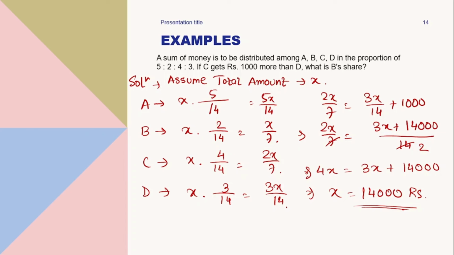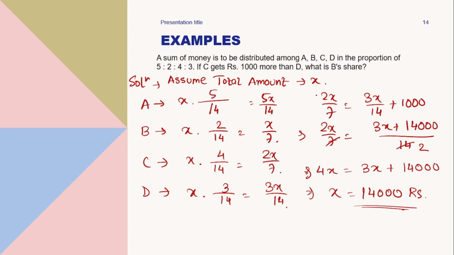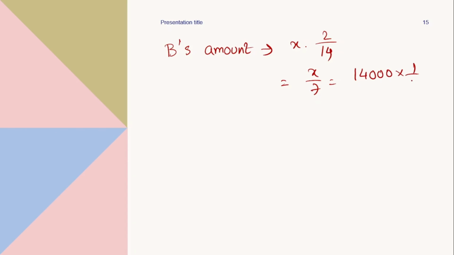So B's share will be x by 7. B's amount is x into 2 by 14, that is x by 7, that is 14,000 into 1 by 7, which will be 2000.